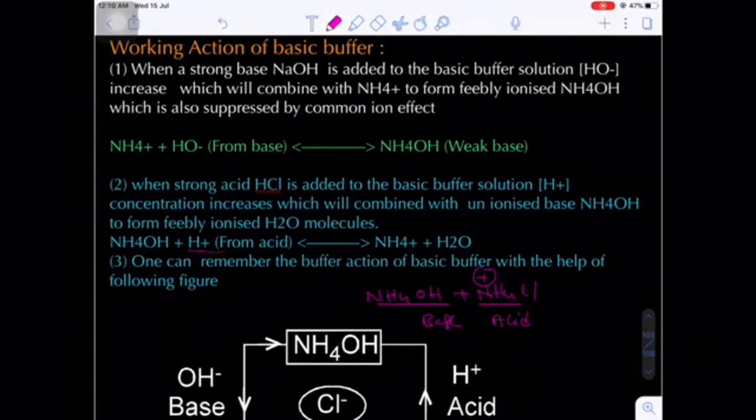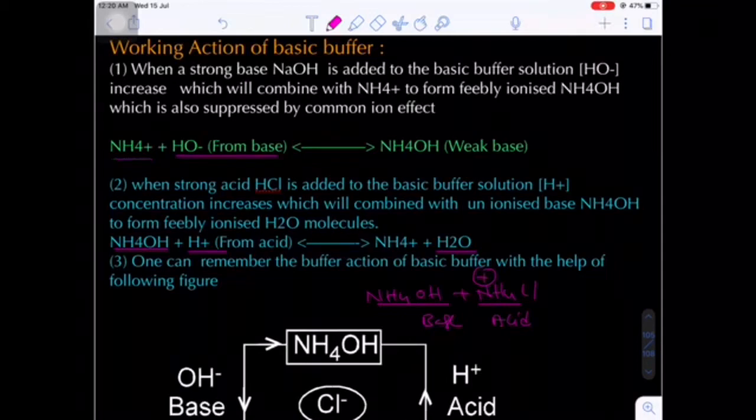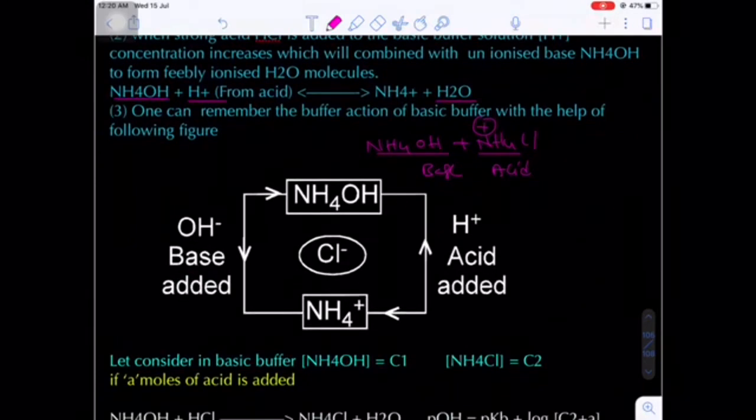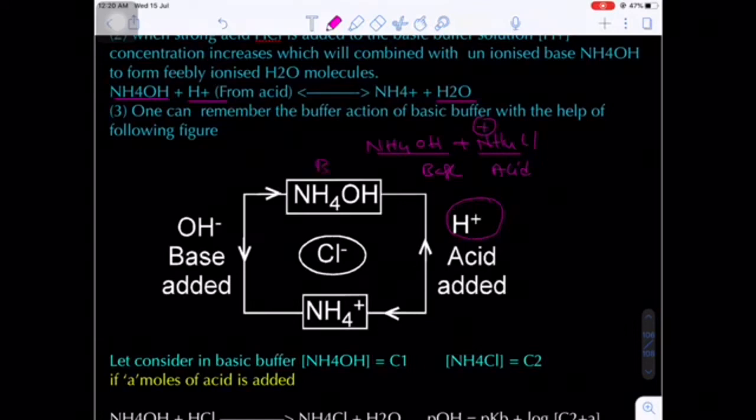Whenever you add an acid, it is neutralized by the base, that means the H plus ions added will combine with ammonium hydroxide to form undissociated water. If you add the base, OH minus ions combine with the acid part, that is the ammonium cation, to form undissociated ammonium hydroxide. So this is a flow diagram, a chart diagram.